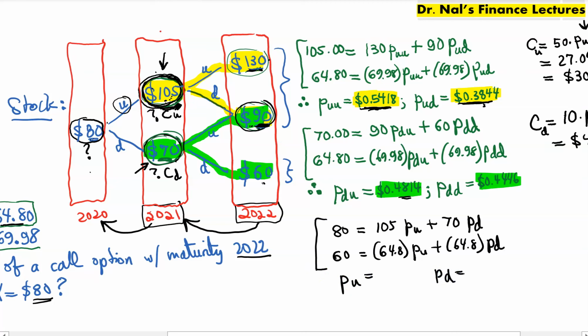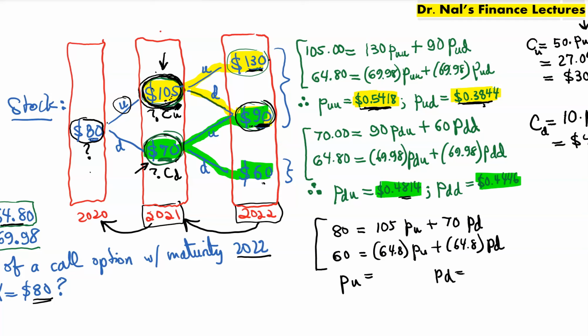Let me quickly calculate them using my Excel. I'll just enter the new numbers, 105 and 70, and these 2 are 64.8 and 64.8. The values are 80 and 60.